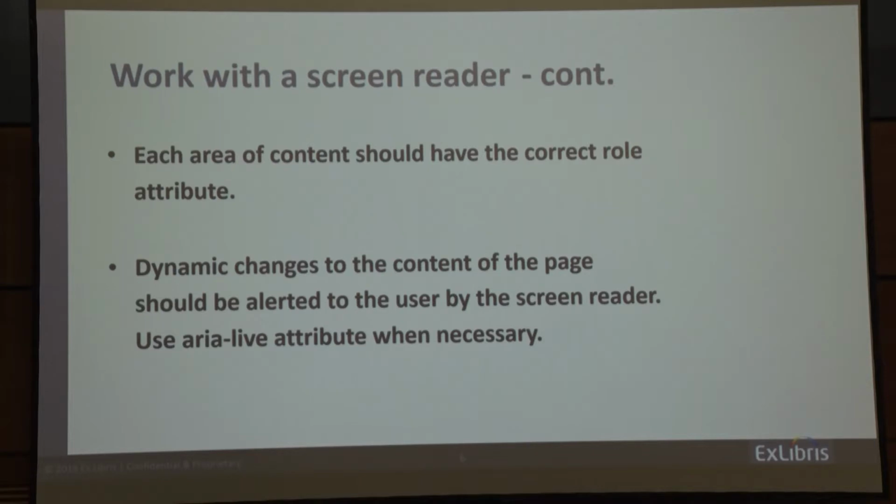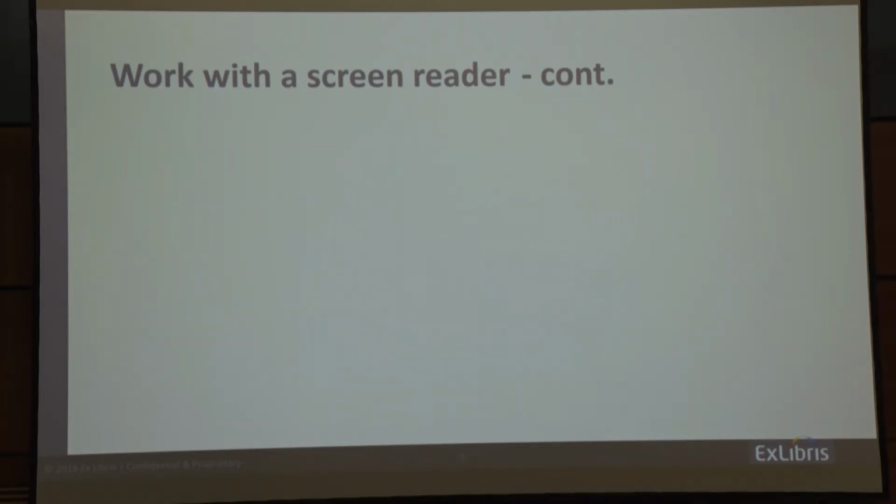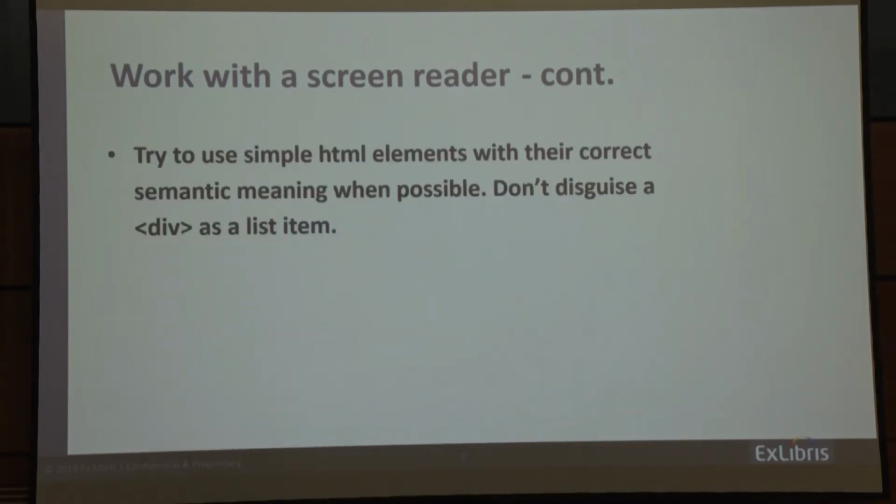Sometimes we might need to use the aria-live attribute and create aria-live regions, so we have to look into doing that sometimes. And we find that it's best to try and use simple HTML elements with the correct semantics, because it's called HTML for a reason. If you're making a list, don't disguise the list elements as a div or something like that, or if you have a link, use an anchor element there.